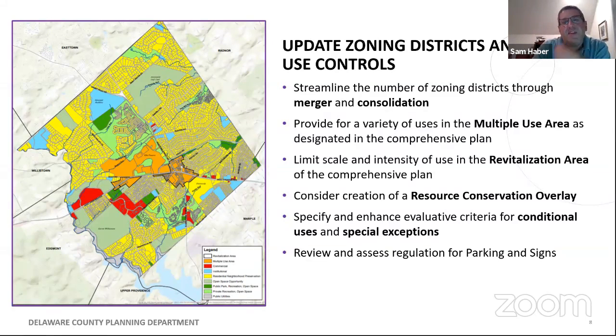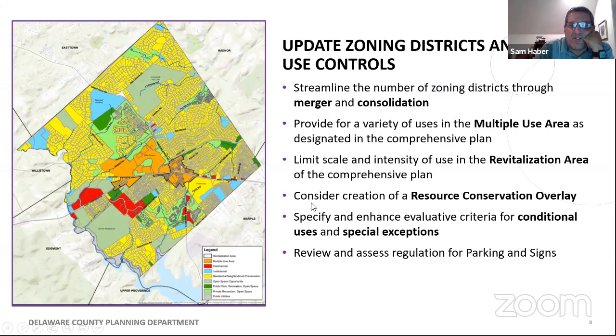The comprehensive plan and our recommendations also called for limiting the scale and intensity of use in the revitalization area, which is, again, the area in black outline, which is basically becoming the new town center zoning district.